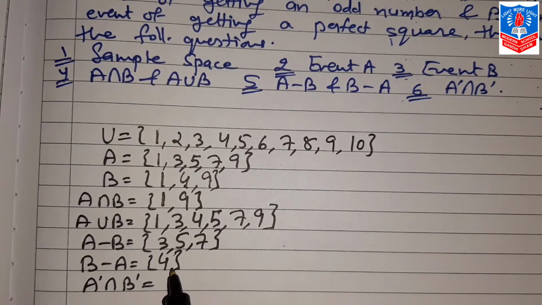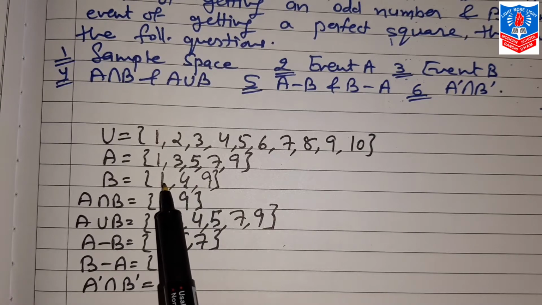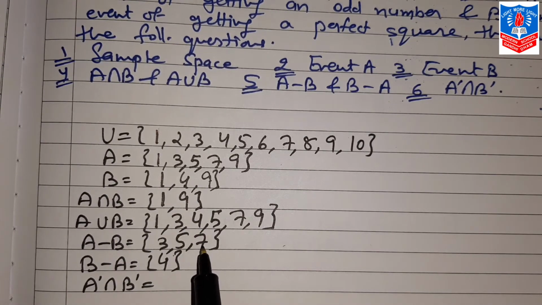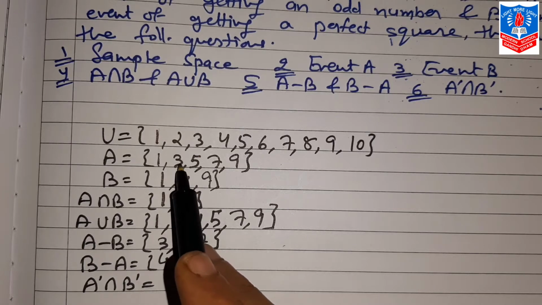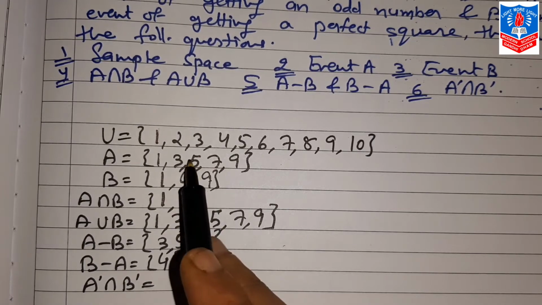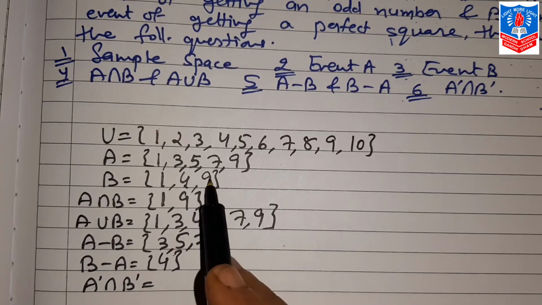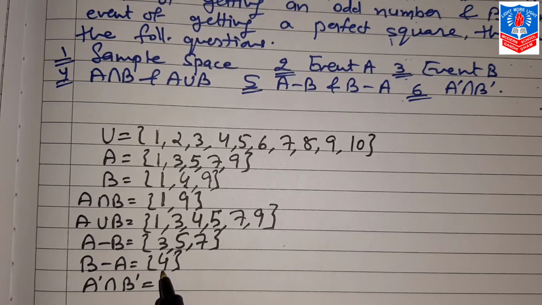This is important. B dash A has the elements which are only in B, and A dash B has the elements which are only in A. So here 1 we don't write and 9 we don't write. The rest are 3, 5, 7. Here 1 and 9 both are in A, so we write only 4.